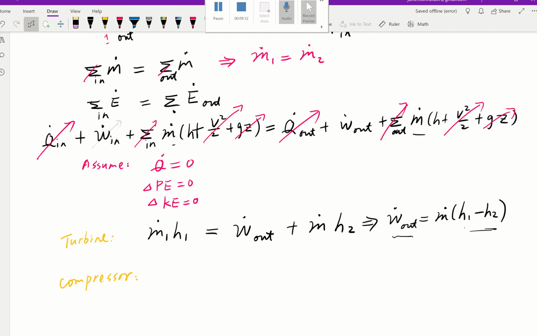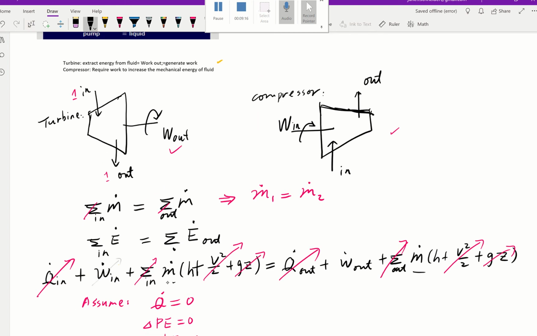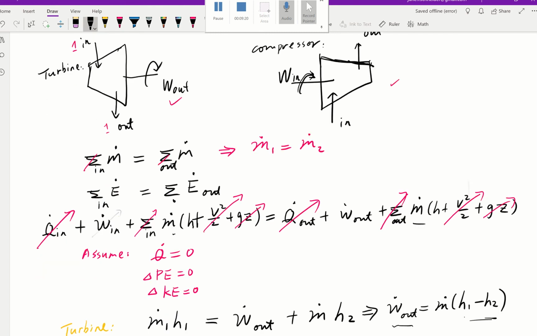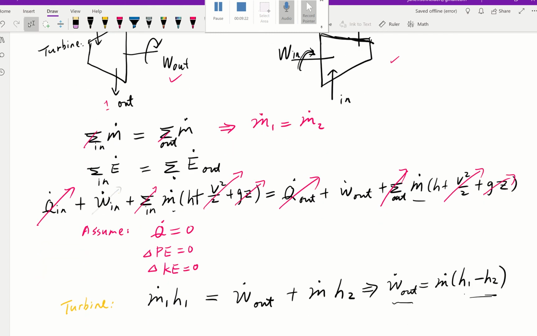Okay. Now let's look at the compressor. For the compressor, it's a different story. For the compressor, we need what? We need energy from the beginning. We require work to increase the mechanical energy of the fluid. So in that case, we don't have work out, right? However, we require work to come into the system.